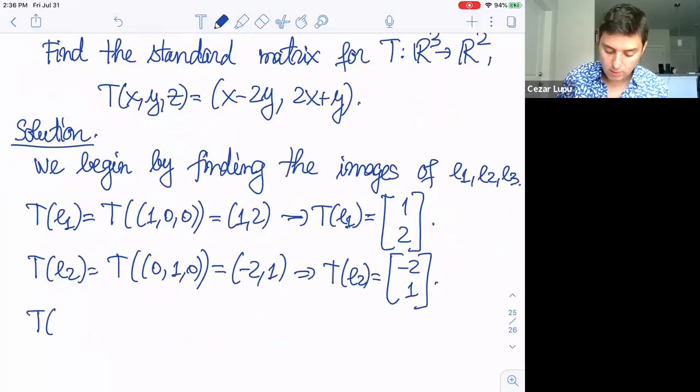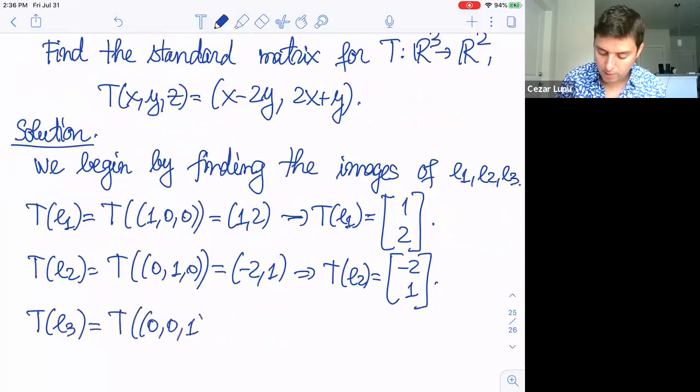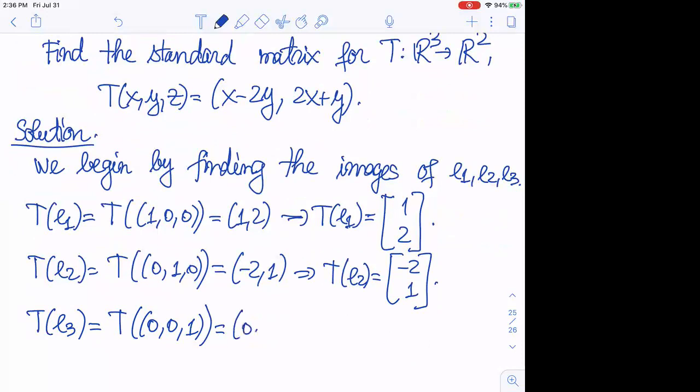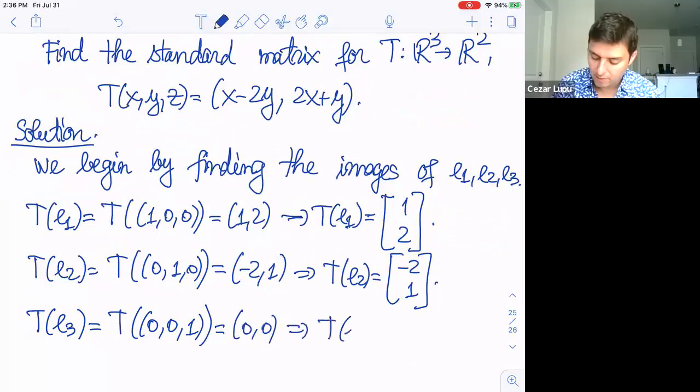And now let's see the last one, T of E3, T of 0, 0, 1, which will give us what? 0, 0. So T of E3 is 0, 0. And now guess what?